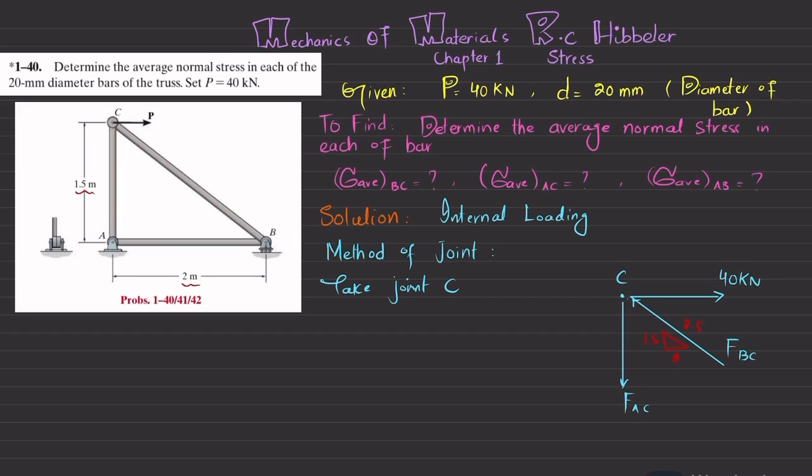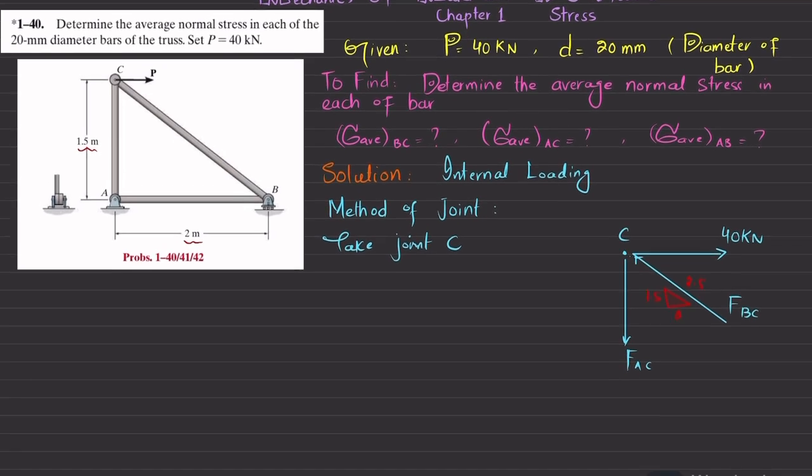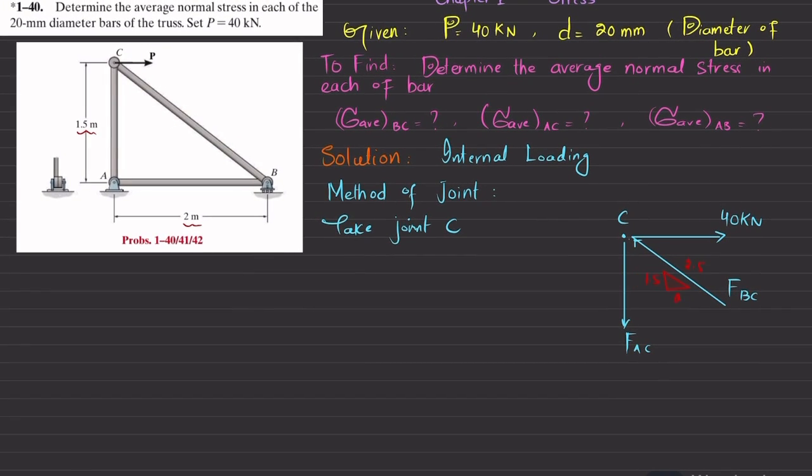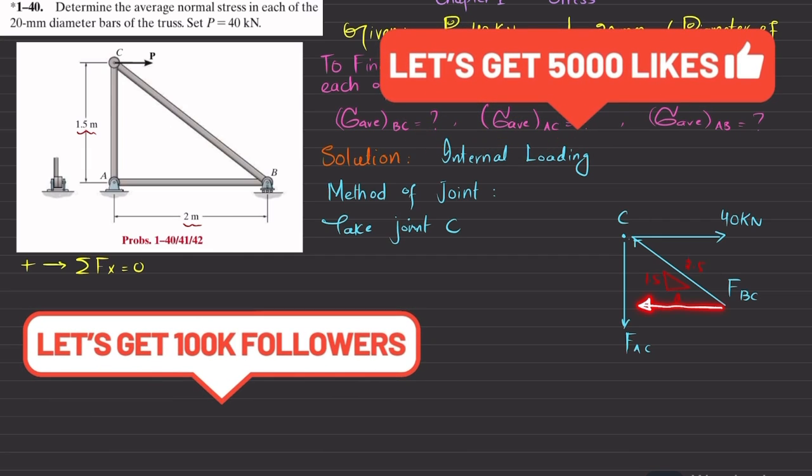Now we'll apply the equations of equilibrium at point C. The first equation of equilibrium is that the sum of all forces along the x direction must be equal to 0, and force in this direction is taken as positive. You can see one force is this one and the second force is the horizontal component of FBC, in this direction.